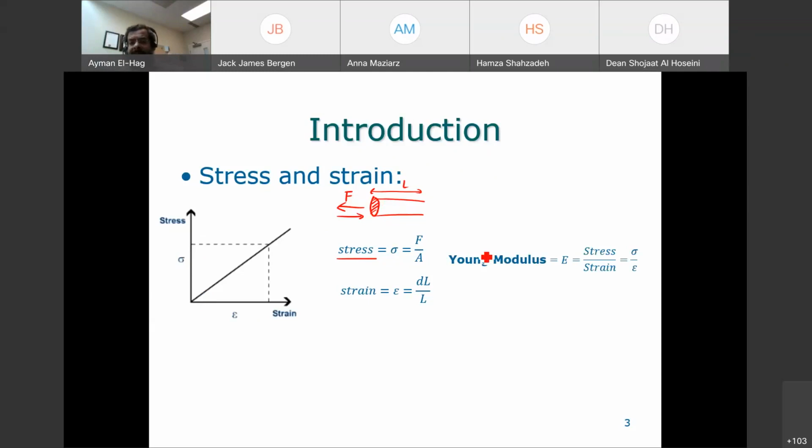Now, this takes us to an important terminology used by civil engineers called the Young modulus, which is capital E, the stress over the strain, or sigma over epsilon. Now, this linear relation is only in a certain range. If you keep on increasing, the material will start to lose its elasticity, and eventually you will have a fracture in the material.